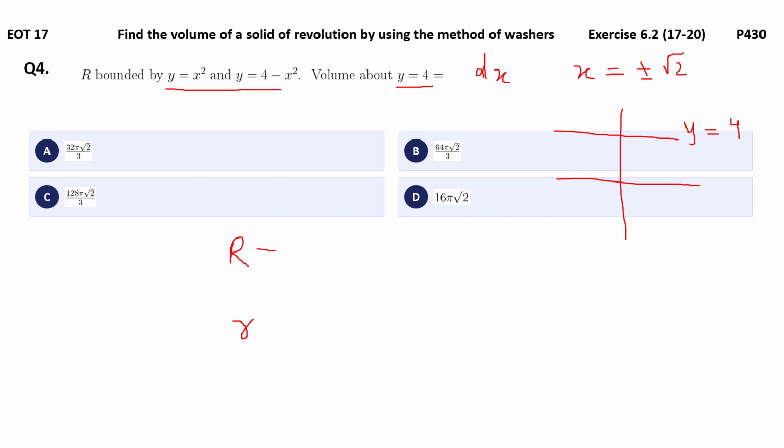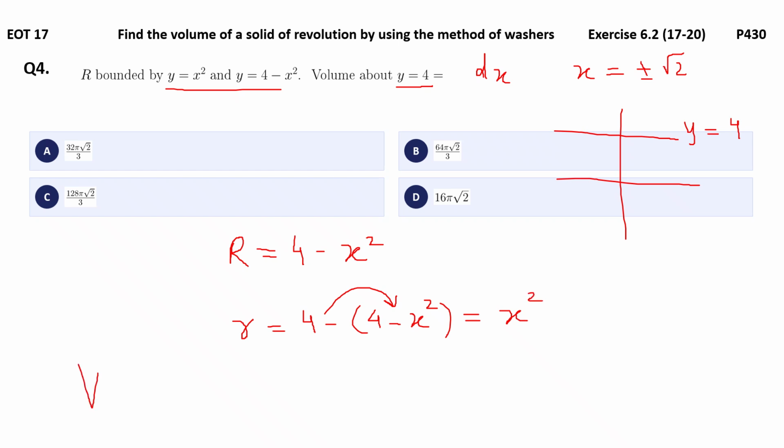So outer radius is nothing but 4 minus your first function, that is x square, and your inner radius is 4 minus your second function, which is 4 minus x square. Outer radius remains the same, where inner radius, when you are simplifying, 4 and 4 will get cancelled, negative and negative become positive, so it is nothing but x square.